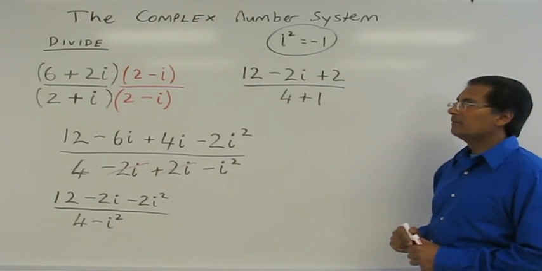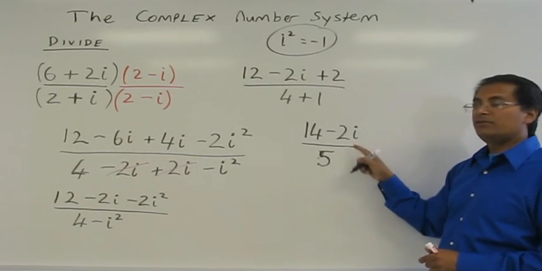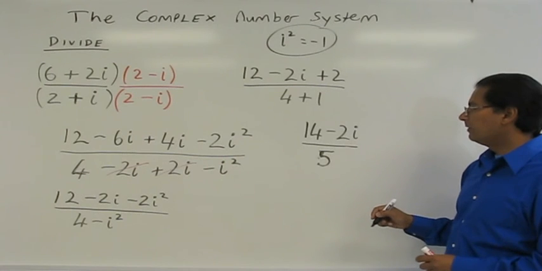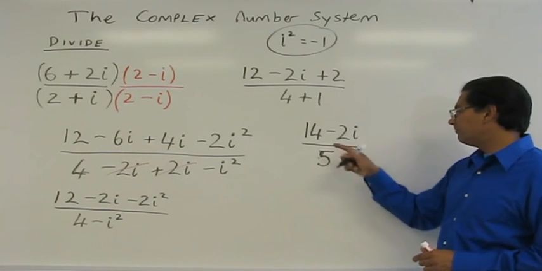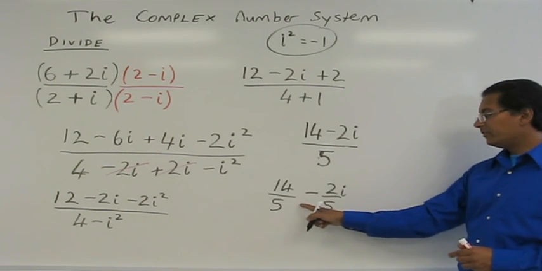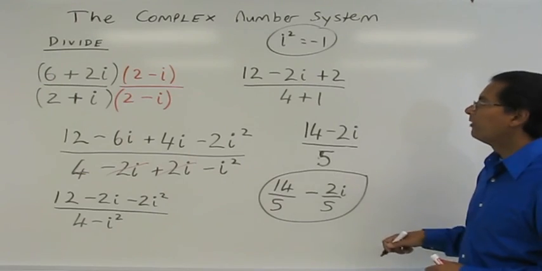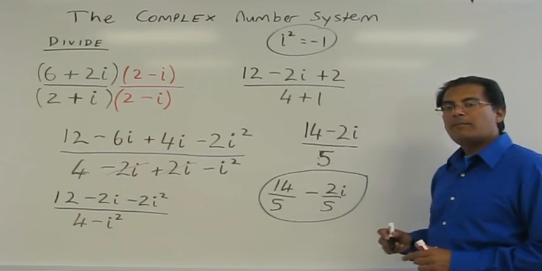So what we get is 14 minus 2i divided by 5. Now we can simply divide 5 into both numbers above to get 14 fifths minus 2 fifths i. And that's our final result from our division of those two complex numbers.